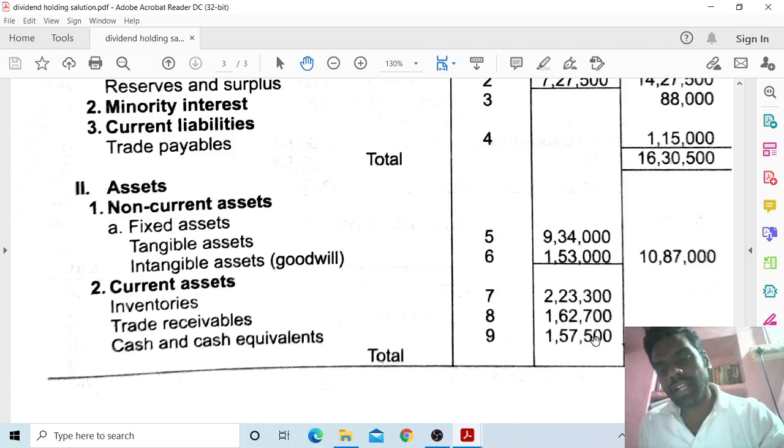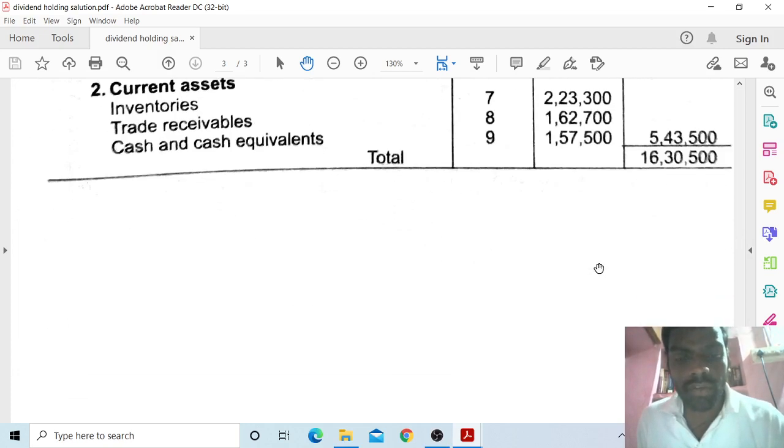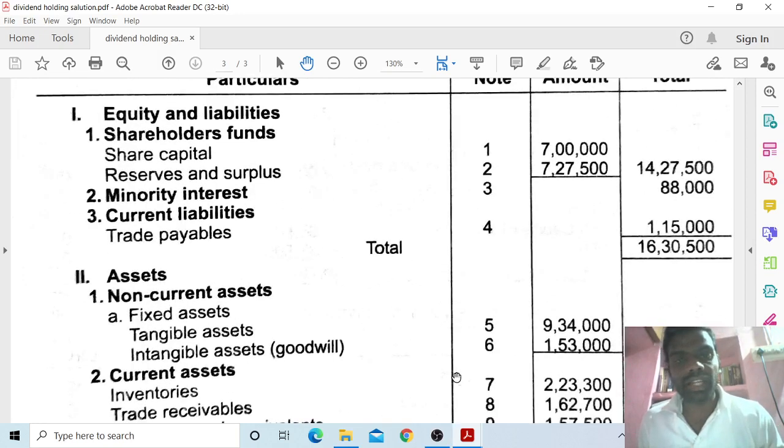These three are added, 5,43,500. Adding 10,87,000 plus 5,43,500, the total is 16,30,500. So total liabilities and total assets are both equal. This is the consolidated balance sheet of the holding company. Thank you.